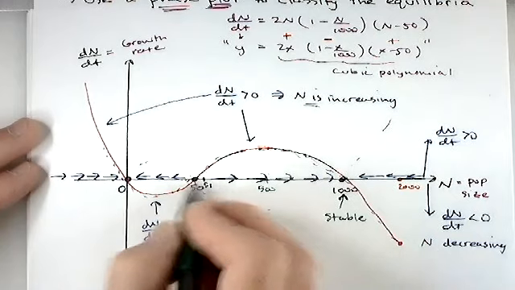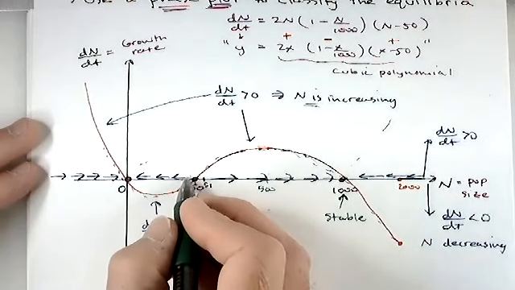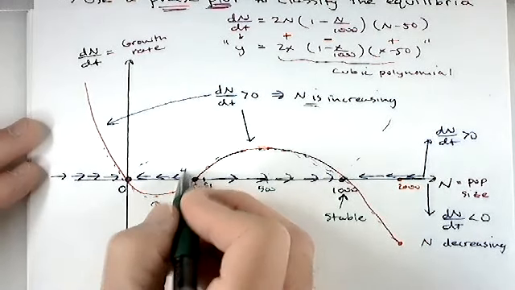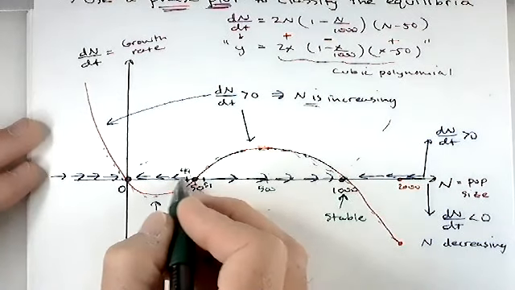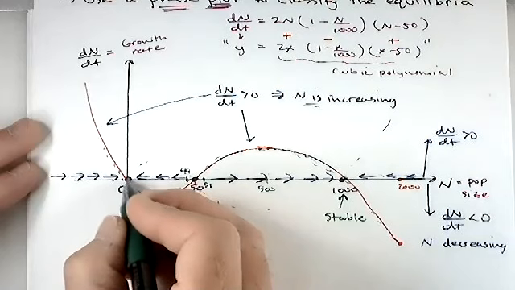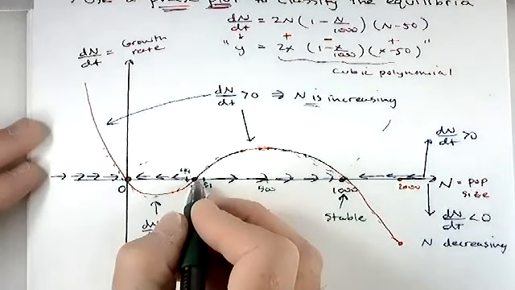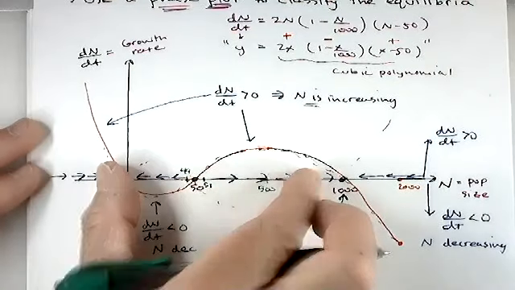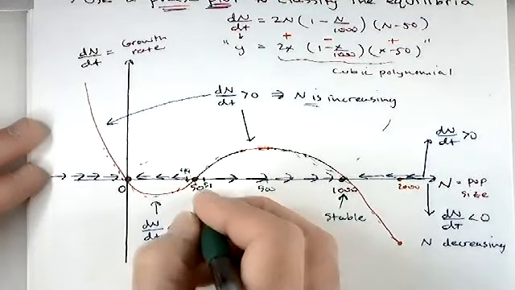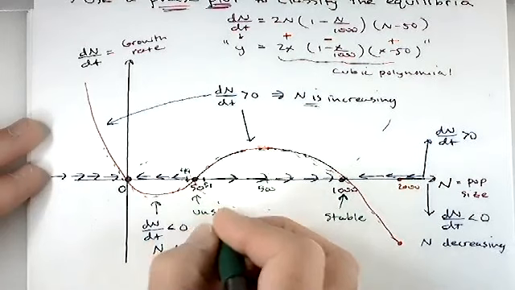So it moves away from the 50. And if I were to lose one squirrel and have 49 squirrels, unfortunately, what that means is my squirrel population would decline to 0. So in this case, either way I move from 50, it goes away from my equilibrium. So this equilibrium is unstable.